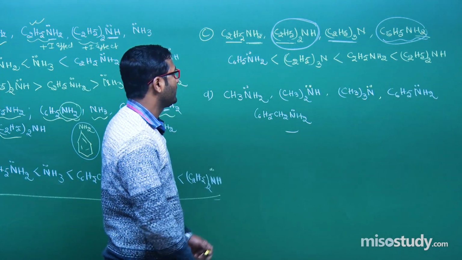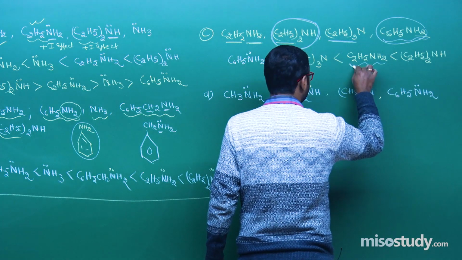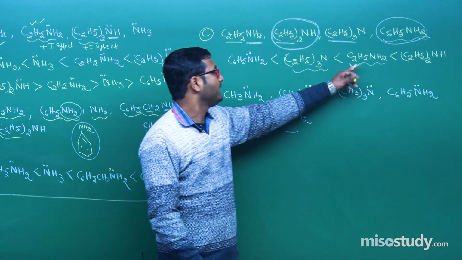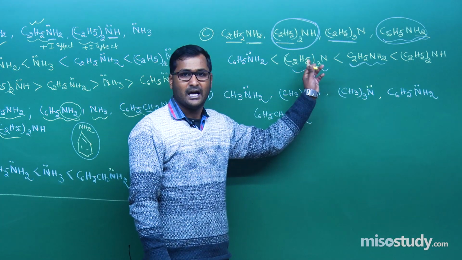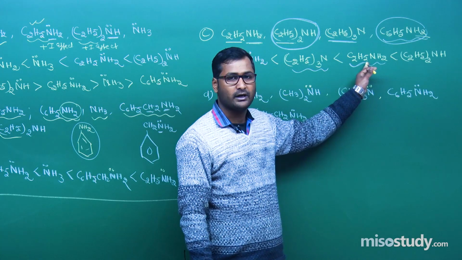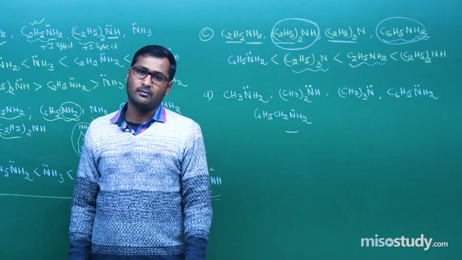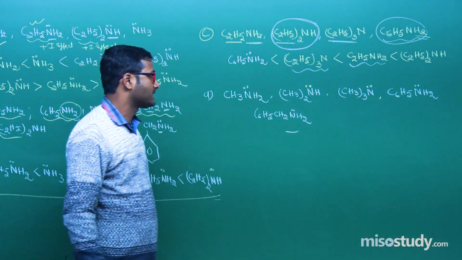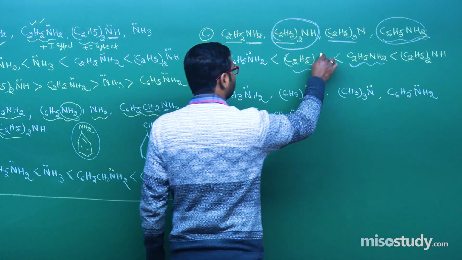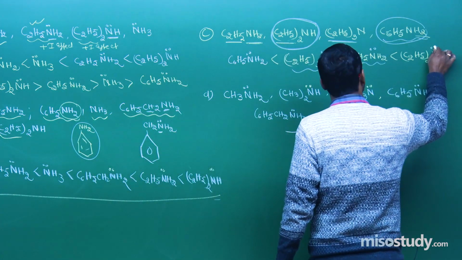In case of C2H5NH2, its conjugate acid is more stable. Due to this reason, it is more basic than this one, and two main factors work here, because here the hydrogen bonding dominates, but here due to the steric hindrance there is less tendency to form hydrogen bonds. Clear? Then we will say the order is C6H5NH2, (C2H5)3N, then C2H5NH2 and (C2H5)2NH.